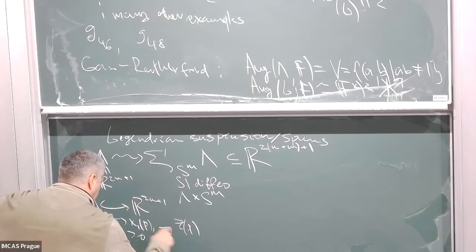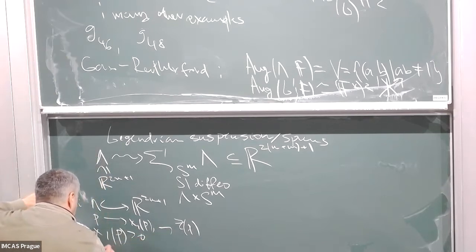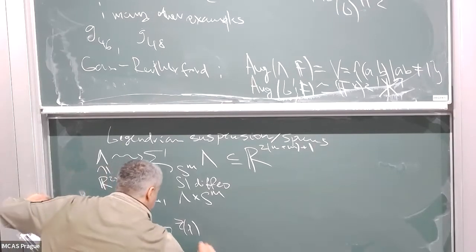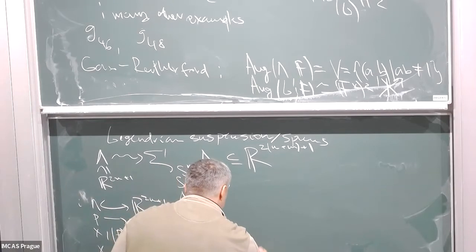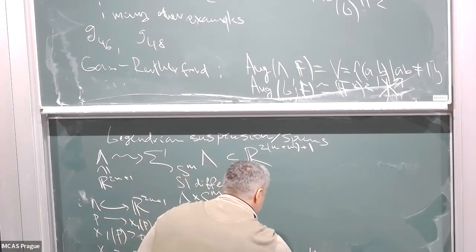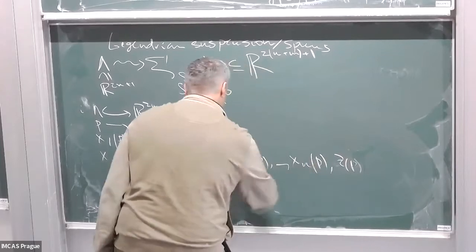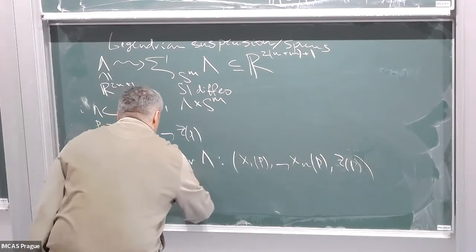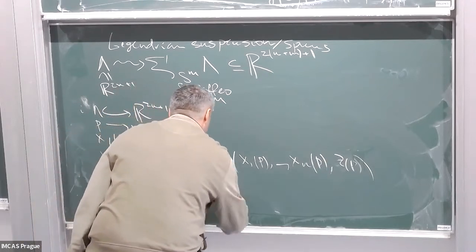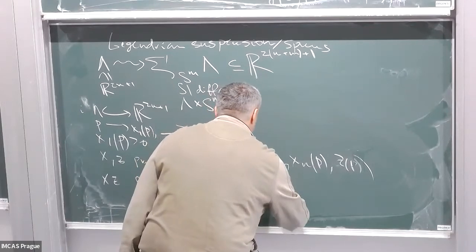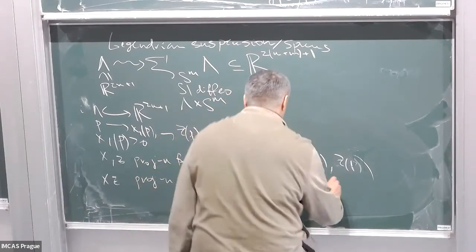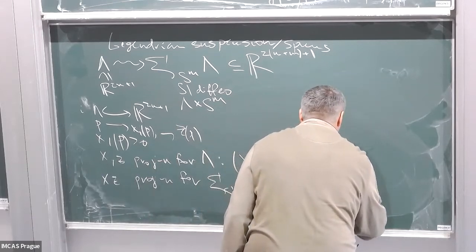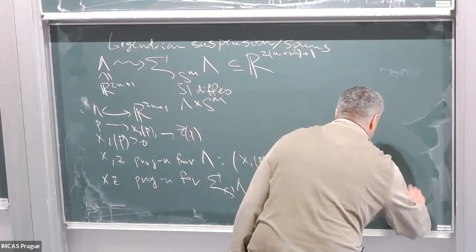when we consider the xz projection for lambda of the form x1(P), ..., xn(P), and z(P), the xz projection for sigma S1 lambda will be of the form x1(P) cosine theta, x1(P) sine theta, and so on.